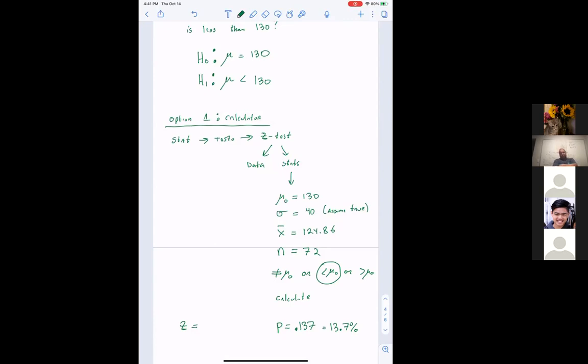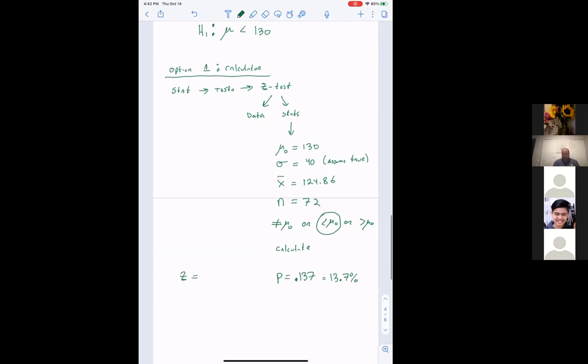Is a 13.7% chance small enough for us to reject the null hypothesis? No. Now, Cynthia, you said it's the probability that the null hypothesis is correct. Not exactly. It's the probability of getting the result that you did if the null hypothesis is correct.